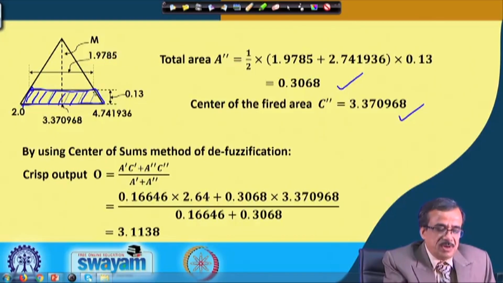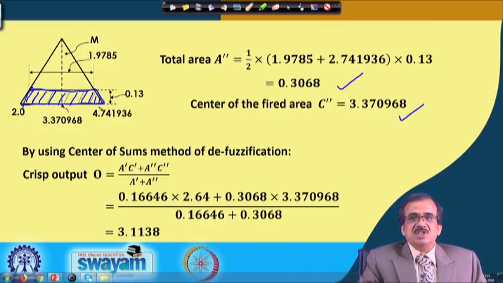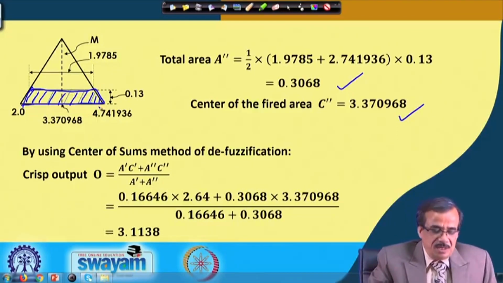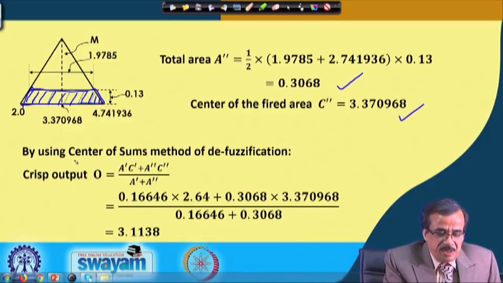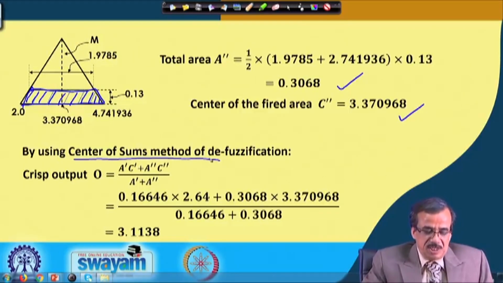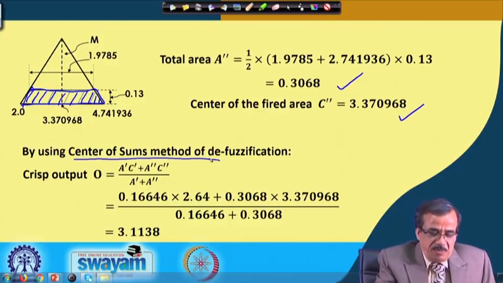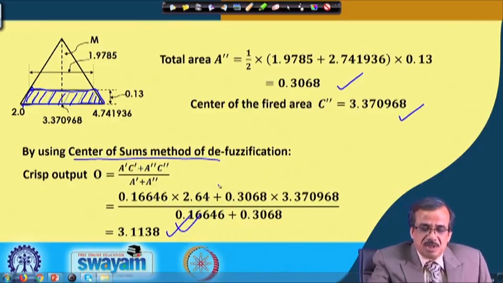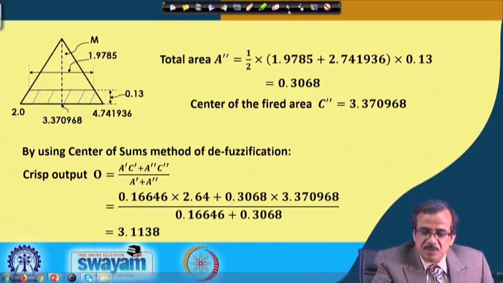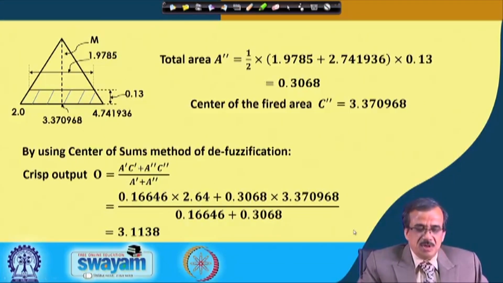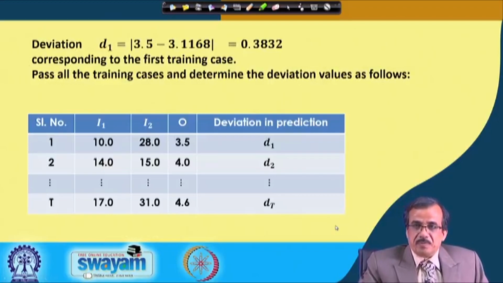And so, if I know the area and center of area for this particular fuzzified output of the second rule, and by knowing the same for the first rule, now we are in a position that we can find out, using the center of sums method, what should be the crisp output. If you follow the principle of center of sums method, very easily we can find out that this will be the crisp output, and that is nothing but the calculated output.